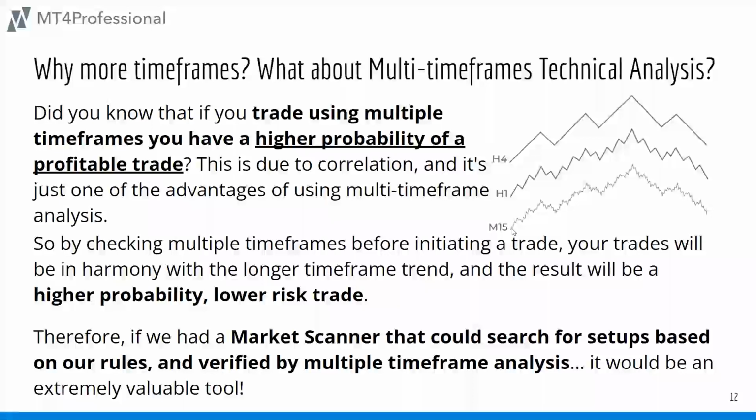So if you're trading a 15-minute and a 1 minute, you can imagine how choppy it would look. Then if you're trading in the overall direction of the longer term trend, then your trade is going to have a higher probability to end in profit, and you're going to be entering with lower risk because you're trading in the direction that longer trend is trading in.